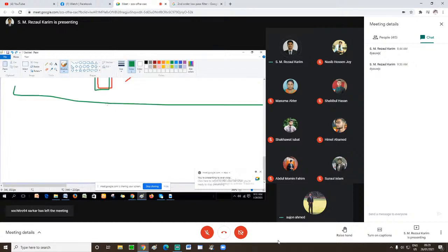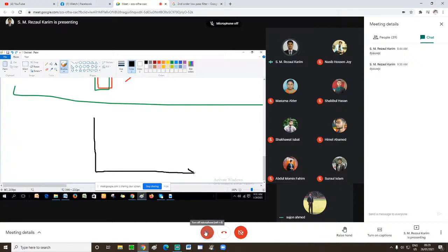I'm drawing. Can you see what I am drawing? Okay, good. Suppose this is the x-axis, which is representing frequency, and y-axis is representing the amplitude.